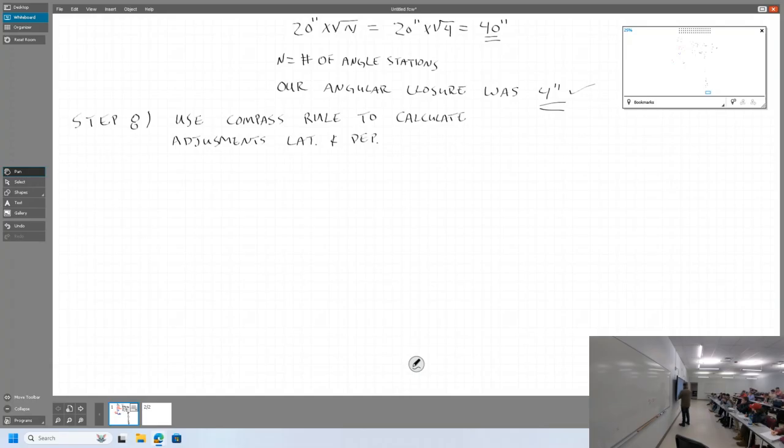Both formulas here, I'll write them down. The correction in latitude is equal to negative closure in latitude over the length of traverse, times the length of the line.